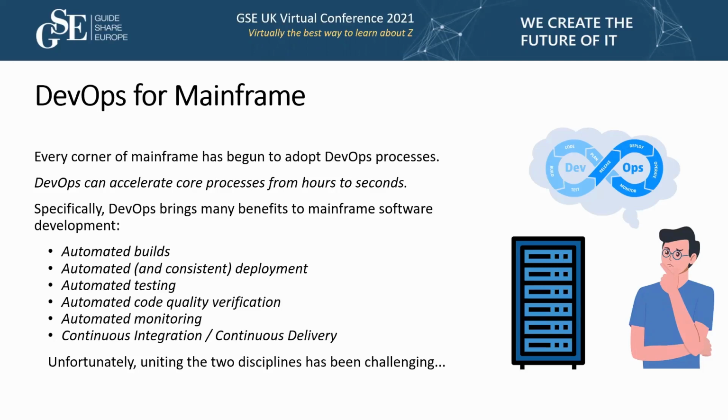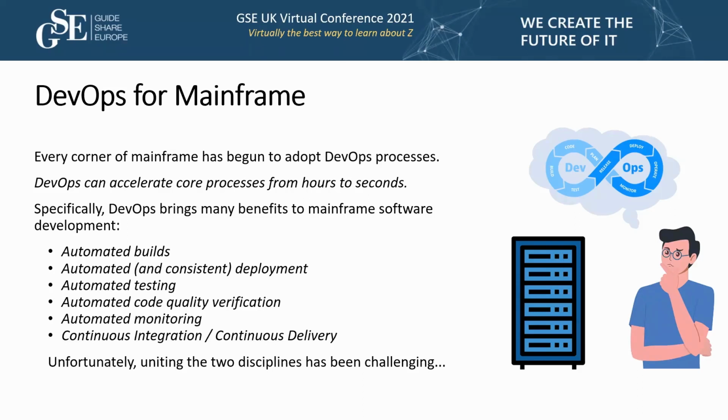Every corner of mainframe has begun to adopt DevOps practices, and sooner or later you and your software development group will face some pressure to modernize as well. So the reason for this is simple. DevOps brings a lot of benefits to all mainframe things, especially mainframe software development.